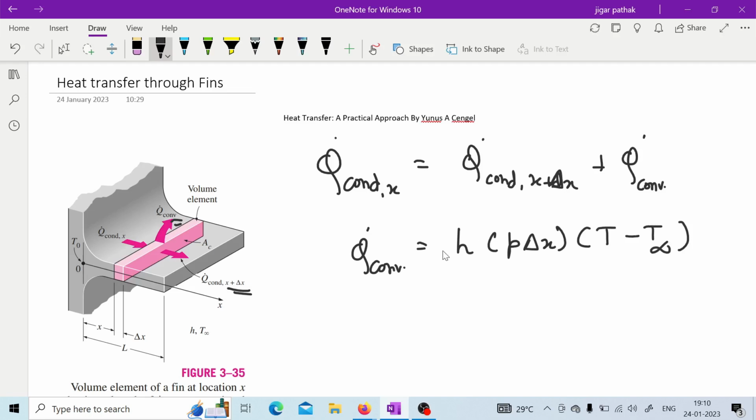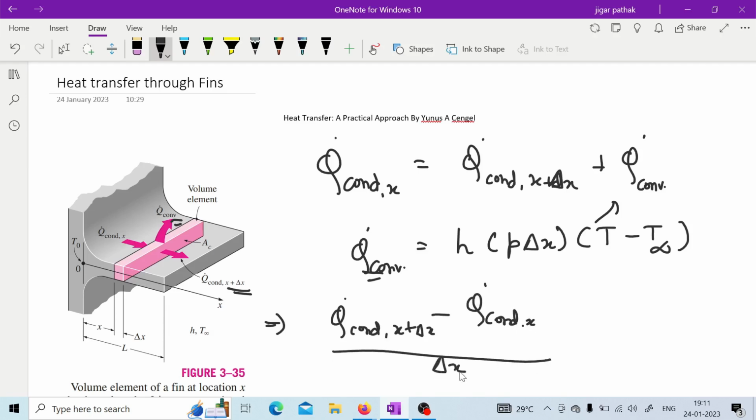If we put this value in the above equation, we get: heat transfer rate of conduction at x plus delta x minus Q conduction at x, divided by delta x, plus hP(T minus T infinity) is equal to 0.